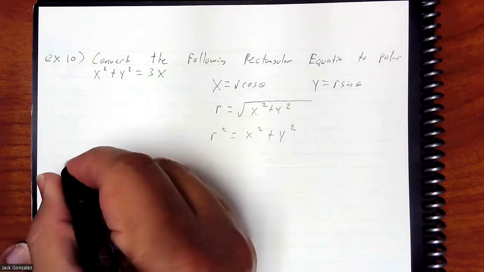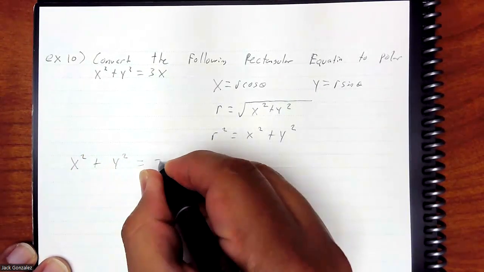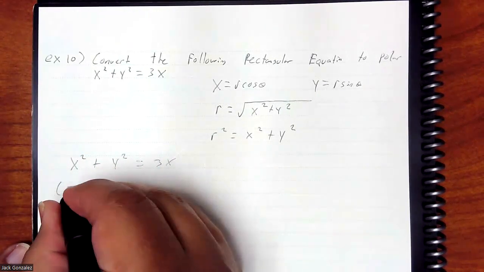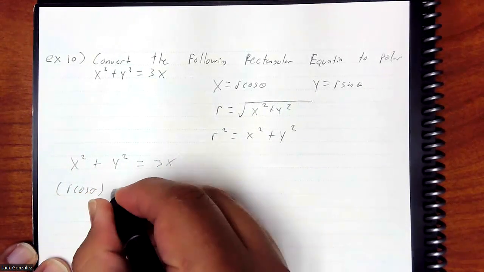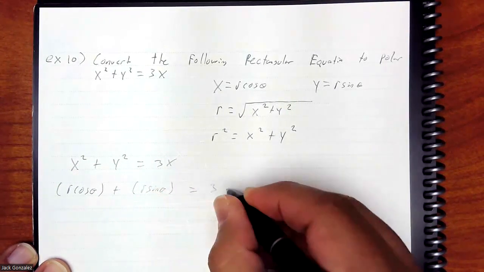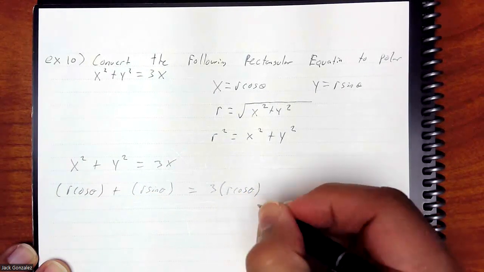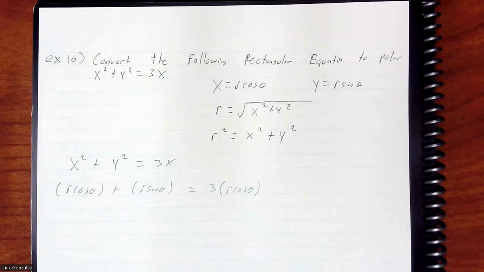So take this equation and substitute. You'll plug in your cosine, plug in your sine, plug in that other cosine. Okay.